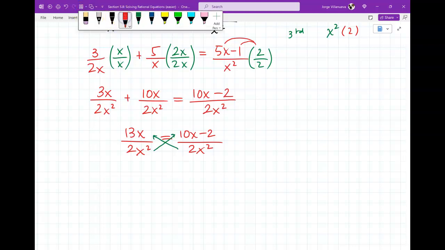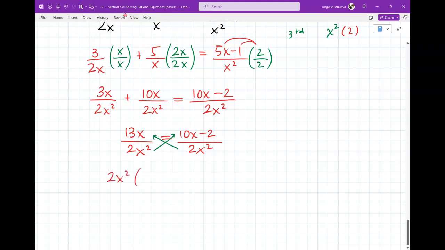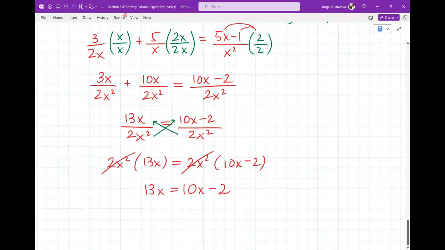I'm going to show the step, then I'll cancel it out. So 2x squared times 13x equals 2x squared times 10x minus 2. So now I'm just going to get rid of the 2x squareds. Again, you could have done it in the previous step. So let's go ahead and solve. 13x equals 10x minus 2.